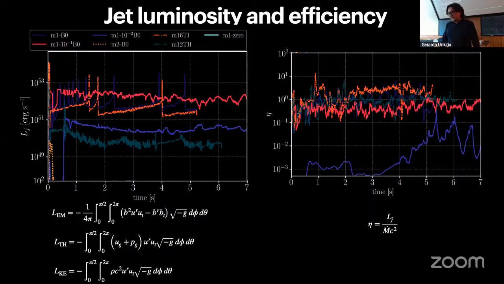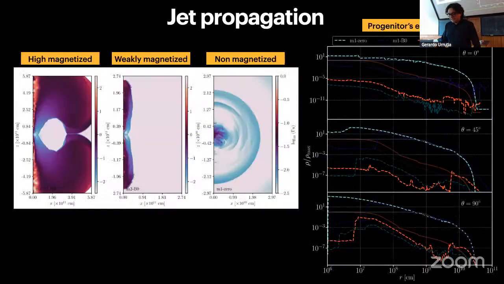We observe that some of the jets get very good efficiency in a few fractions of seconds, and these jets quickly produce some explosions, and this is revealed by such peaks.